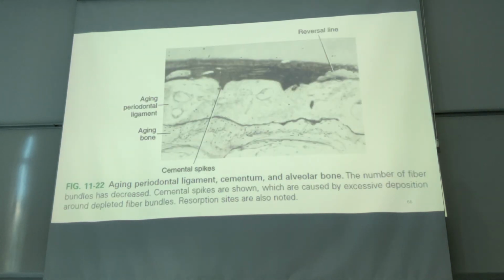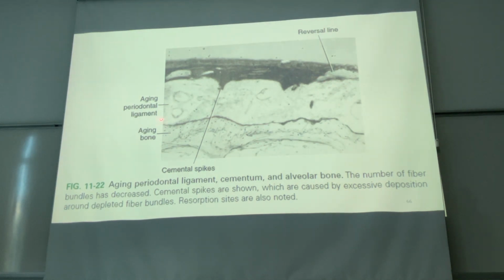Look here, you can see aging periodontal ligament, the number of fibers decreases. You can see cemental spikes, cementum growing into the periodontal ligament. It can form a spike like this. And you can see the reversal line in the cementum.